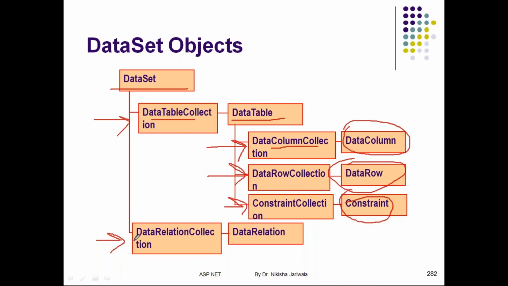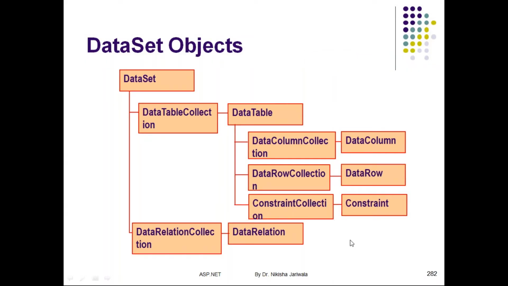If we talk about data relation collection, then we can also access a single data relation from that particular collection, right? More precisely, we can say that the data set is a collection of data tables and data relations, and data table is a collection of data column, data rows and constraints, right? So this is a simple diagrammatic representation of the data set object.